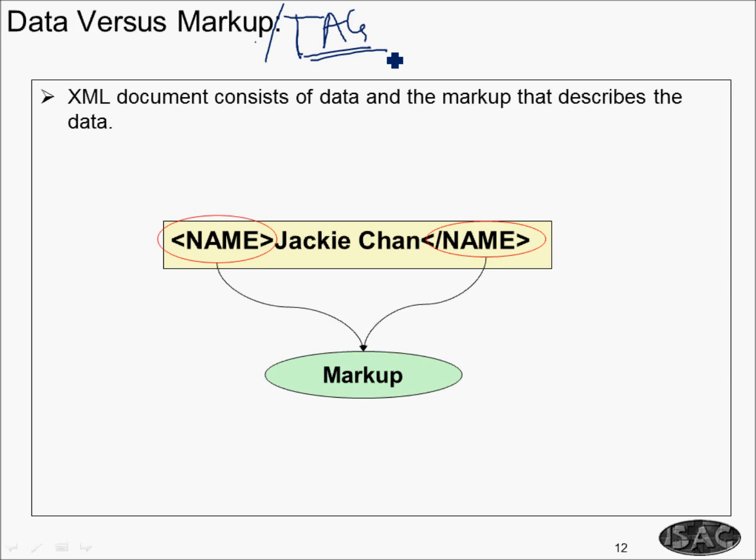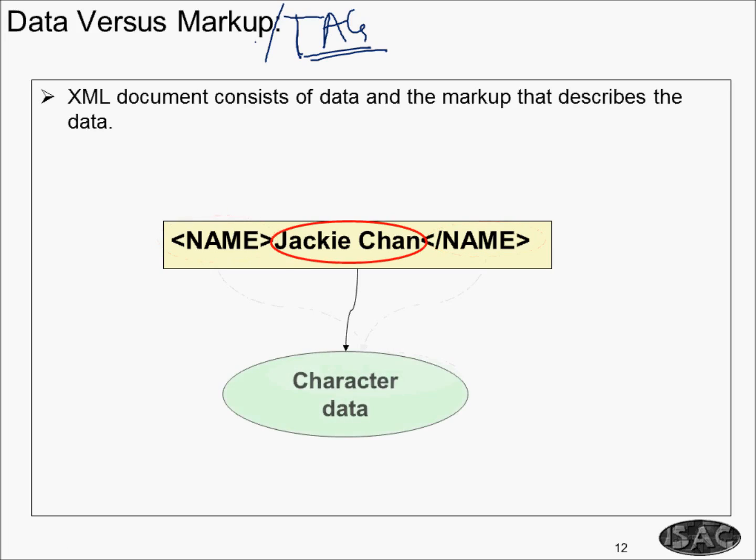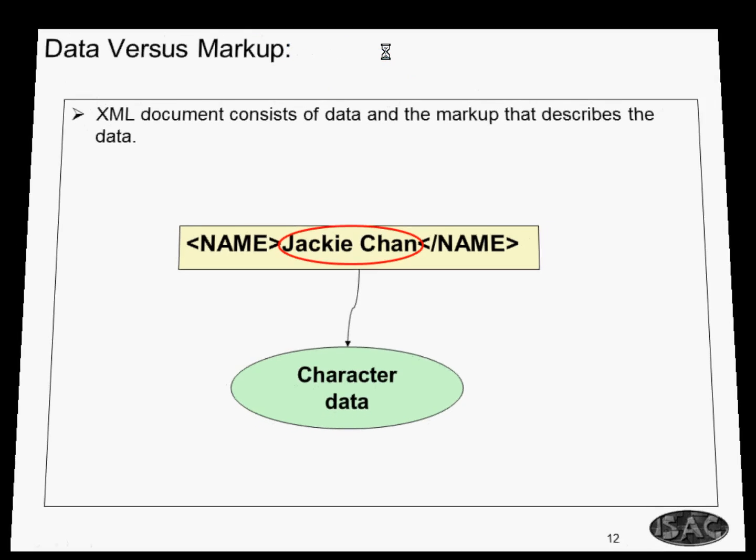In this case name is the markup, that is the tag, and the data sitting in between, Jackie Chan, is character data. So be very clear about what is markup or tag and what is the data. They are not the same. Name is not the data. Jackie Chan is the data.